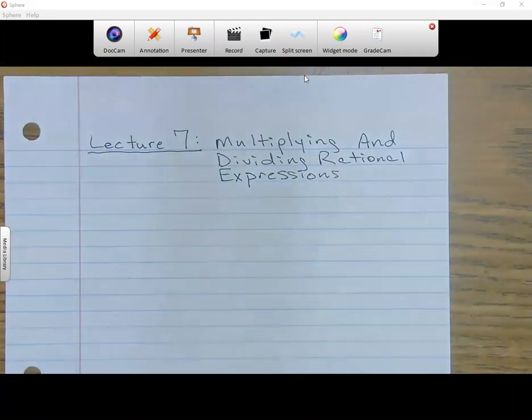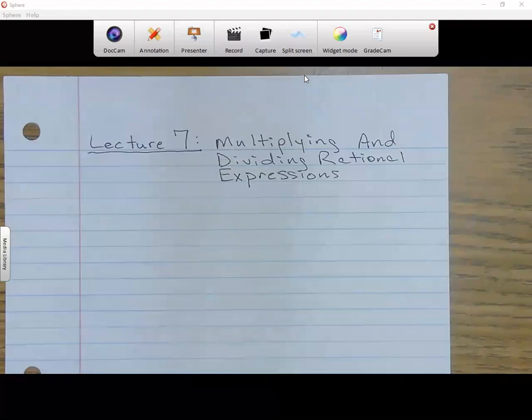So last time we met, we were talking about rational expressions and what they are. To give you a brief example, I told you that a rational expression is an algebraic expression with both a numerator, something on the top, and a denominator, something on the bottom.